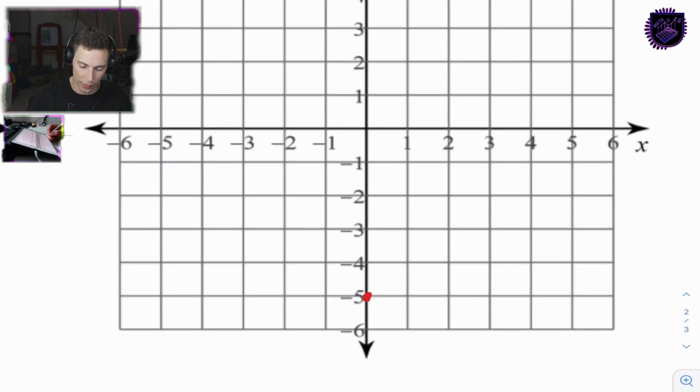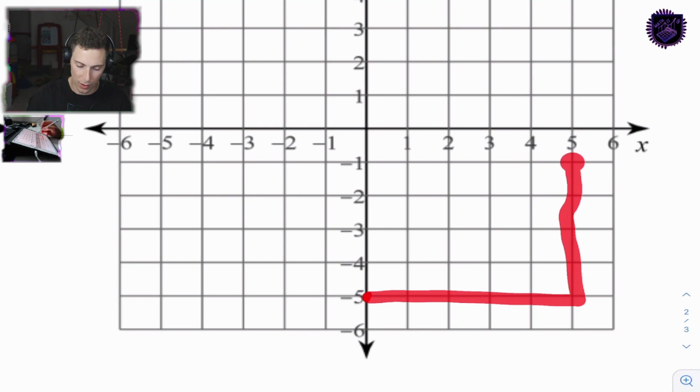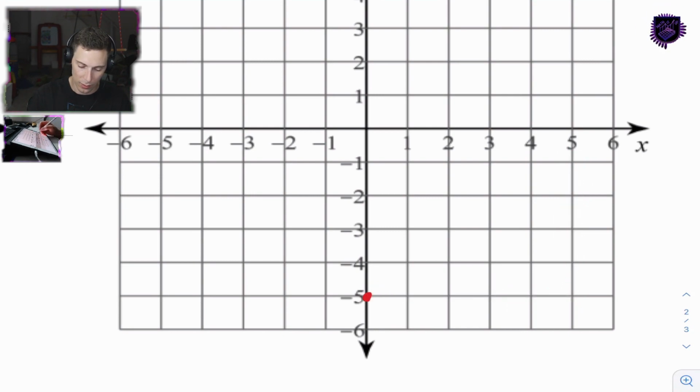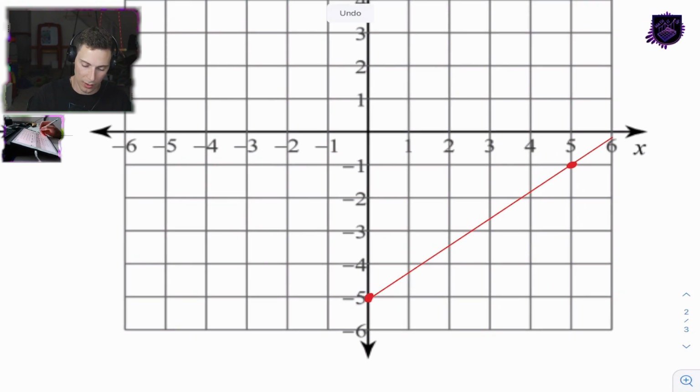So we're going to move over 5 and up 4 to here. So our line, over 5, up 4, will be right there. Not quite 1. Close. Just make that line into a line.